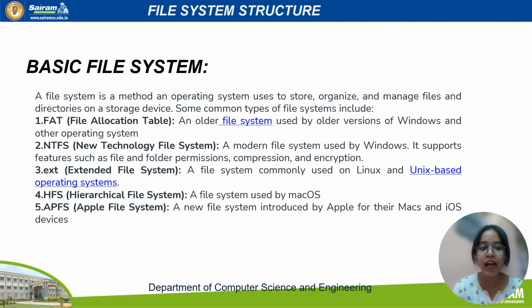So the file allocation table is an older file system, used in older versions of Windows and other operating systems. The new technology file system is a modern file system used by Windows. It supports features such as file and folder permission, compression, and encryption. Newer, updated features are added into the new technology file system. Next is the extended file system, commonly used on Linux and Unix based operating systems.